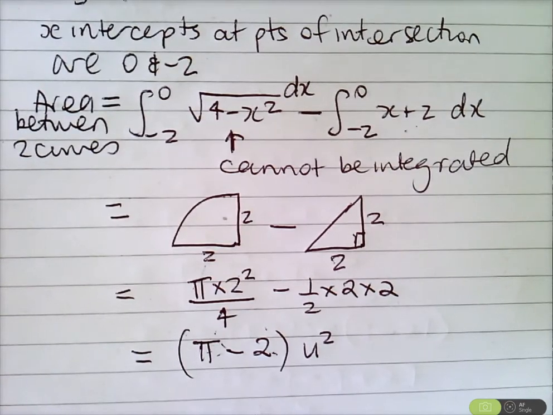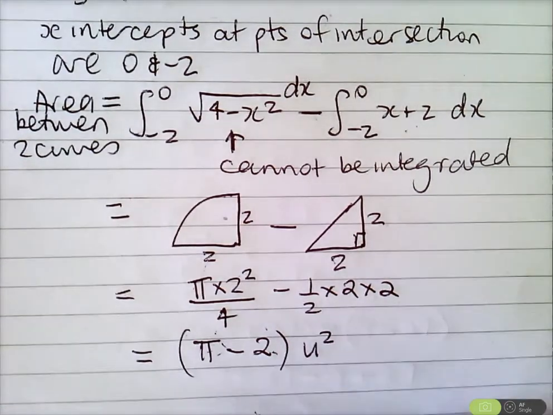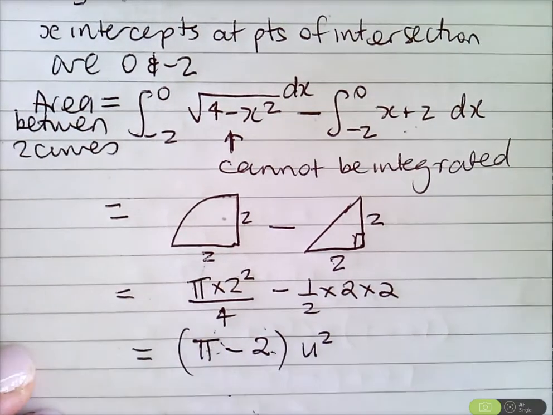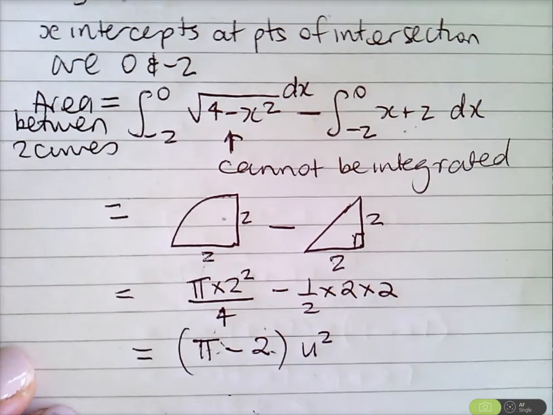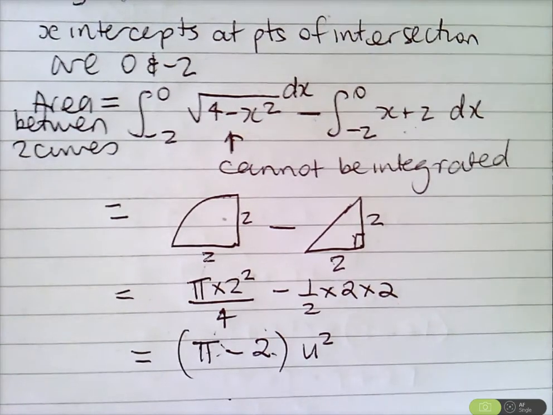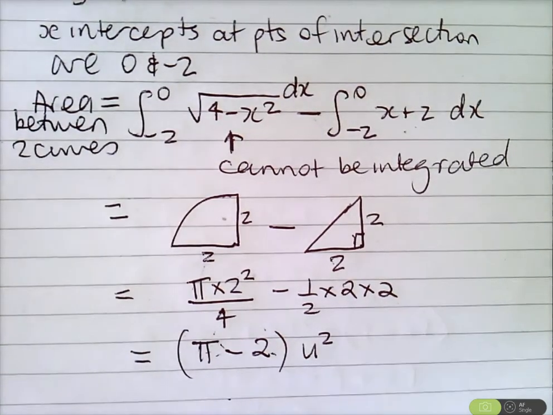So if you want to give the decimal approximation, fine, but please, I'd prefer you don't. You don't need to. Exact answers are better. Often they're looking for an exact answer as opposed to the decimal approximation. If they don't ask for 2 decimal places, then leave it as an exact answer. All right? Okay. So again, this is area between 2 curves.